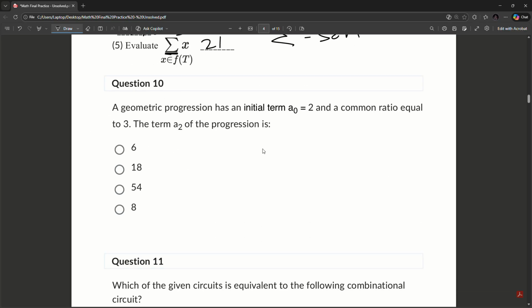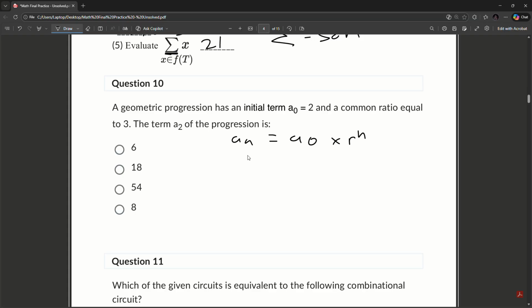Now, a geometric progression. The formula is a_n equals a_0 times r to the power of n.